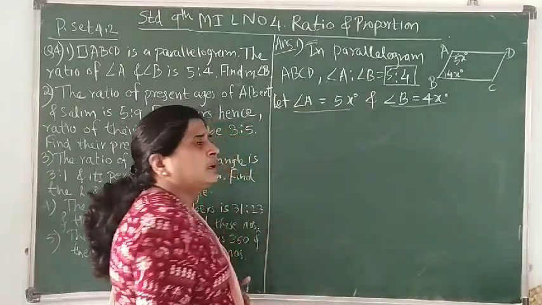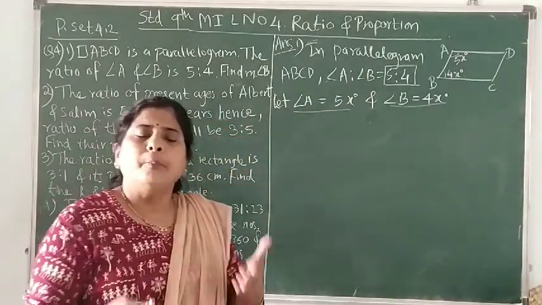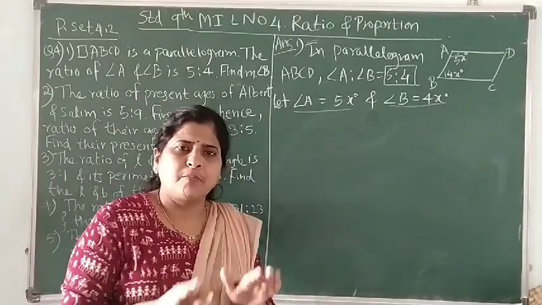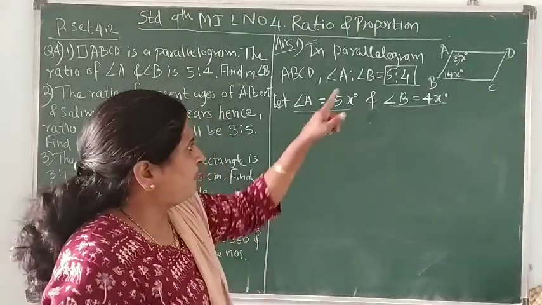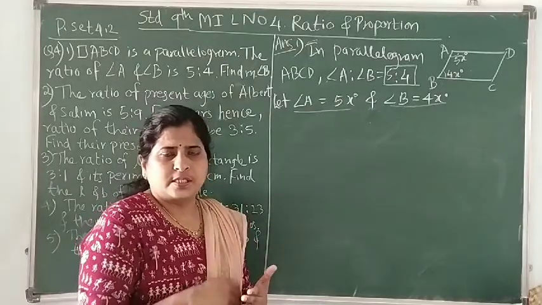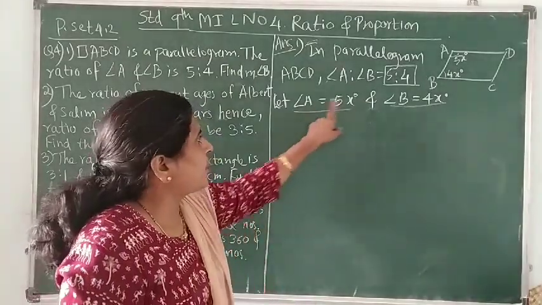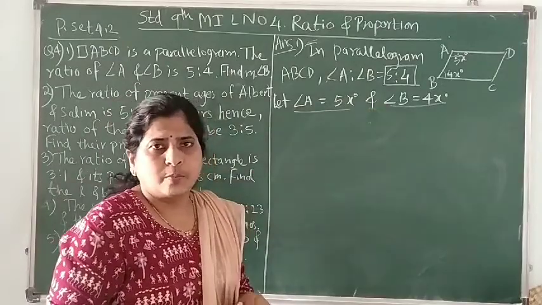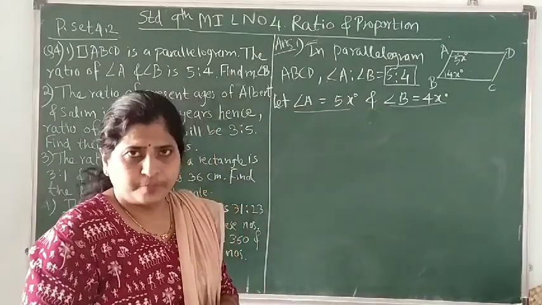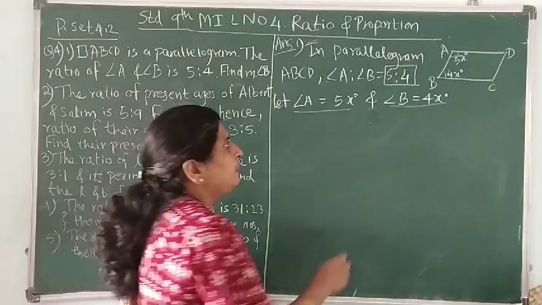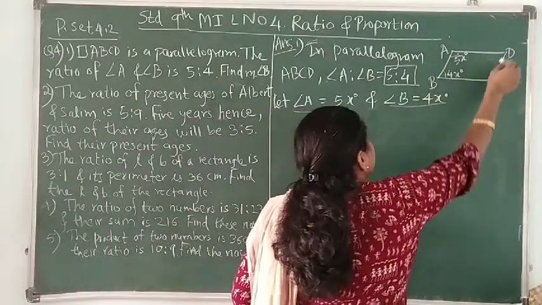Now here there is no information given, but we already know some properties of a parallelogram about its sides, angles and diagonals. As we are here talking about the angles, let's talk about the properties of angles of the parallelogram. We know that opposite angles are congruent.